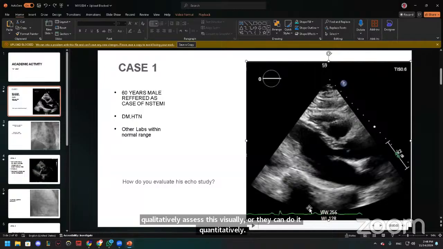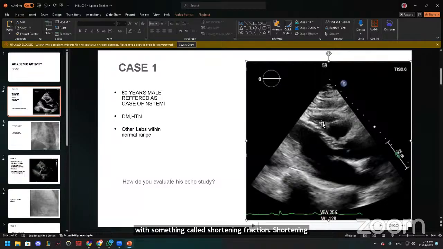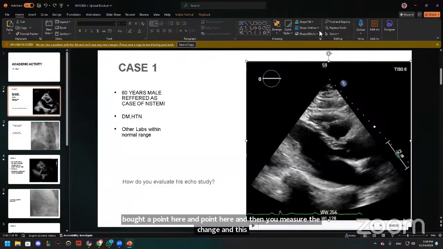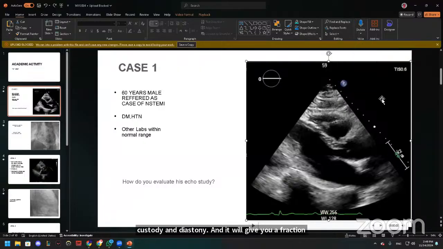For shortening fraction, you put a line in the middle of the LV, and you put a point here and a point here, and then you measure the change between systole and diastole, and it will give you a fraction. Usually, I remember if it was less than 25, that's abnormal. So you can almost visually estimate this.